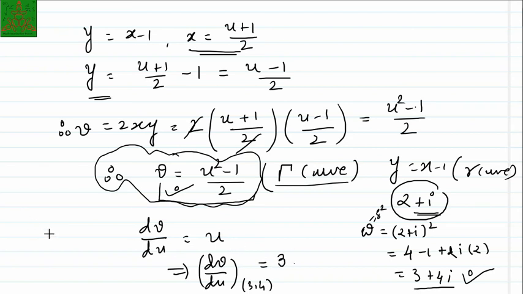Hence the angle of the tangent, which we have denoted as phi, satisfies tan phi equal to 3, that is the final dy by dx. So phi will be tan inverse of 3.